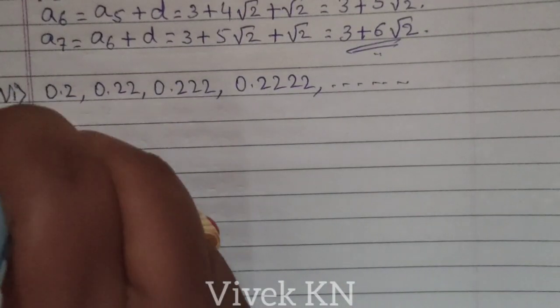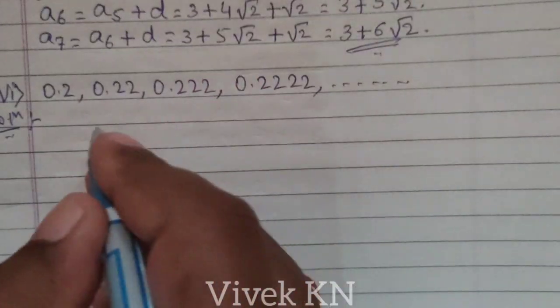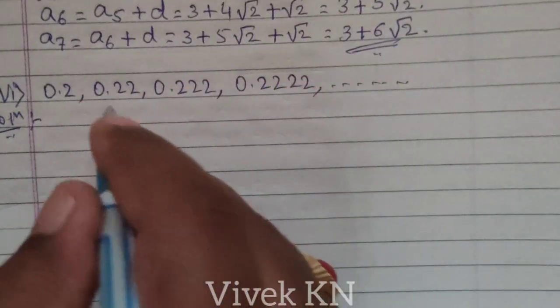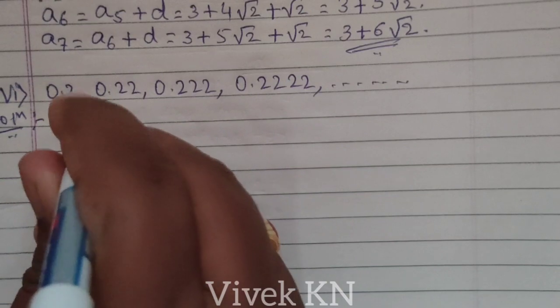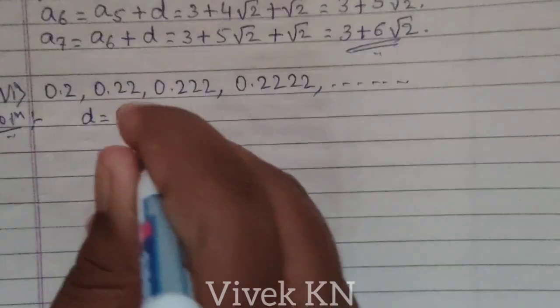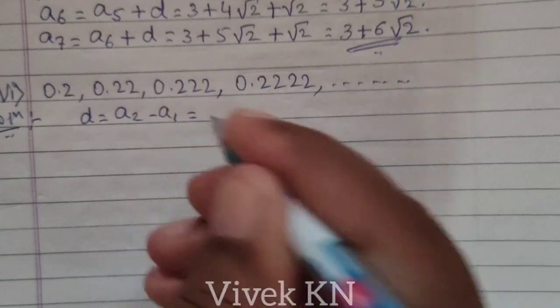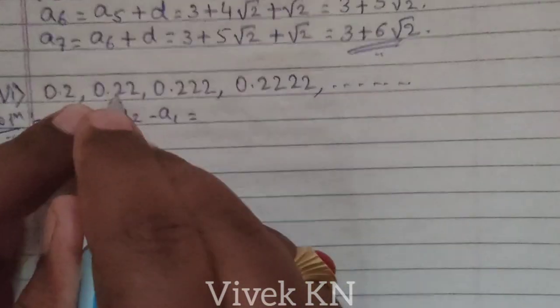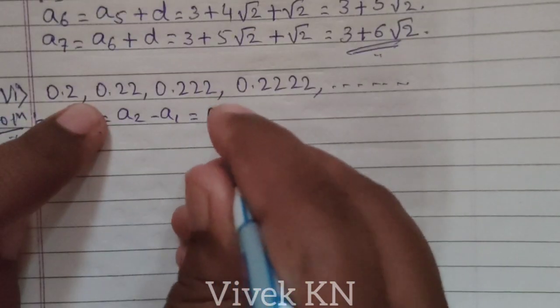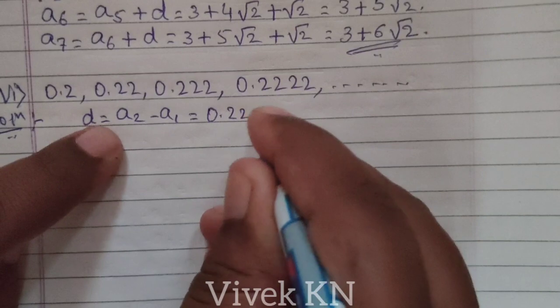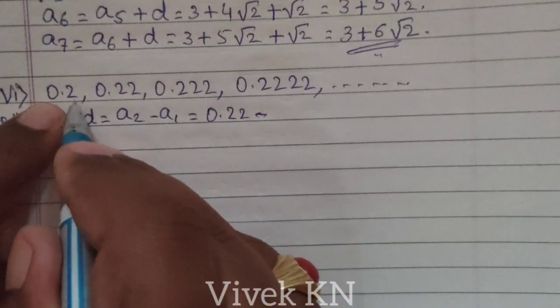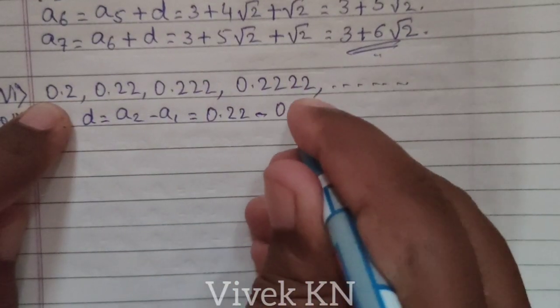Solution: you have to calculate the common difference of all these given terms. That is d is equal to a2 minus a1. Here the second term is 0.22 minus first term is 0.2.